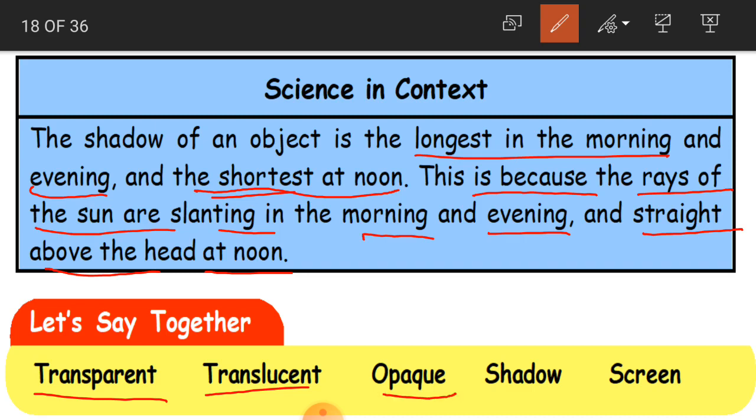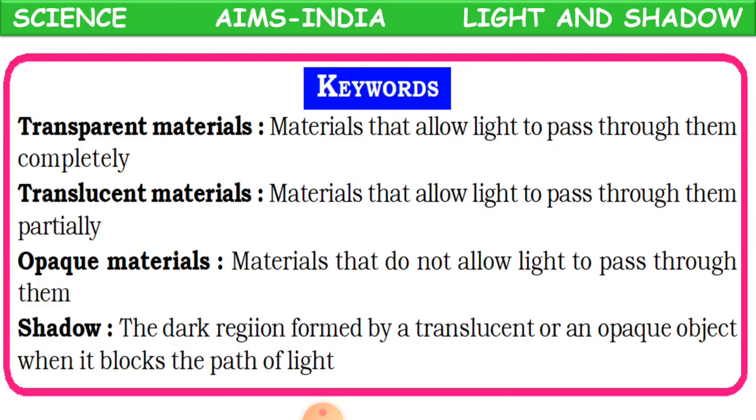Opaque: it is going to block the light. Shadow, like the reflection. Screen: wherever we have our shadows, that is called a screen. Okay, clear?